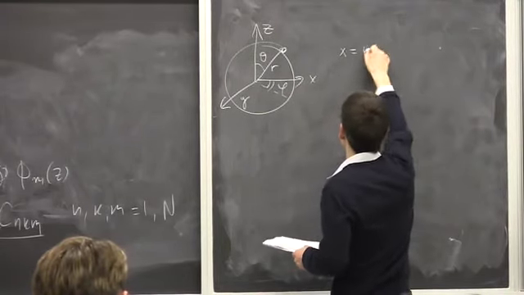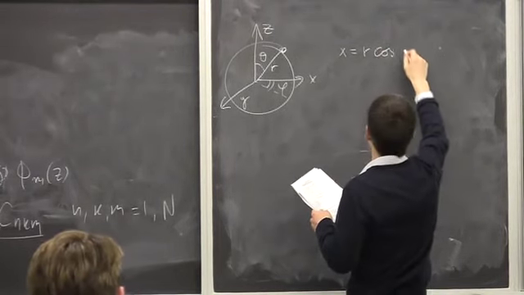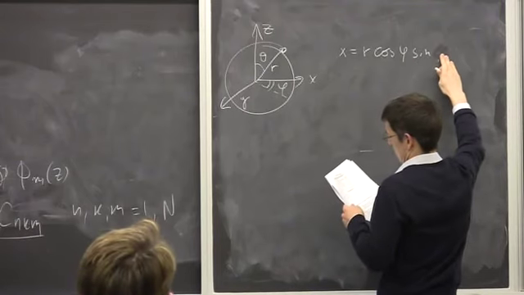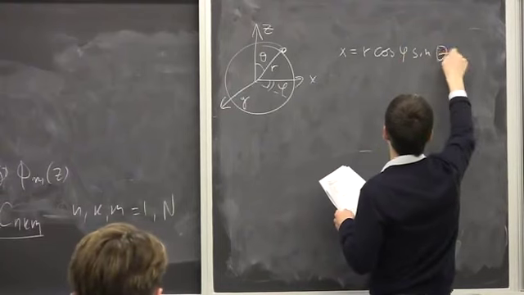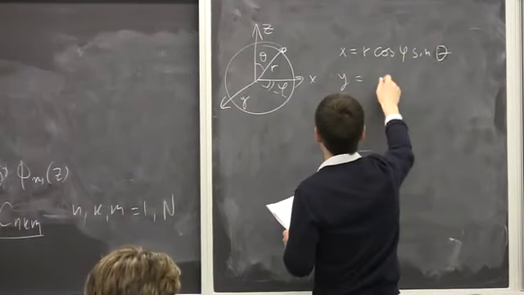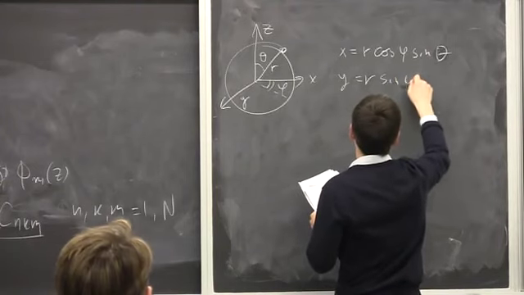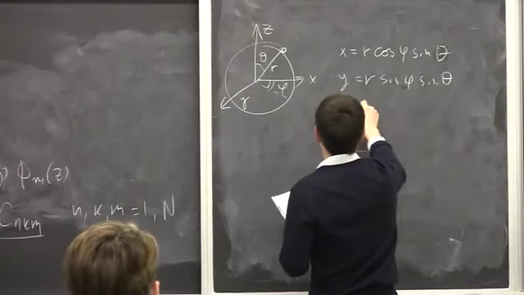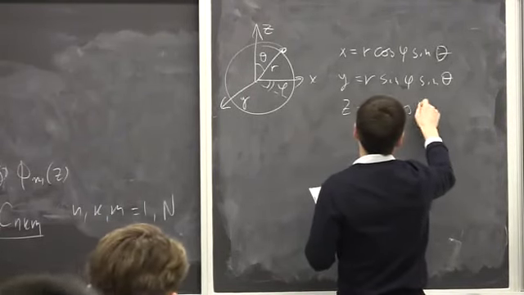Then x can be written as a function of r, cosine phi, sine theta. y is also r times sines, and z is r cosine theta.